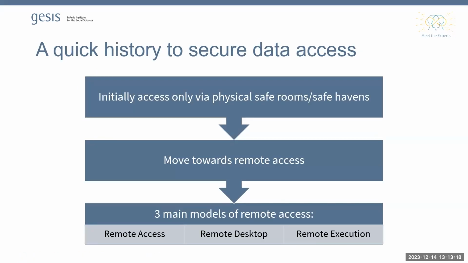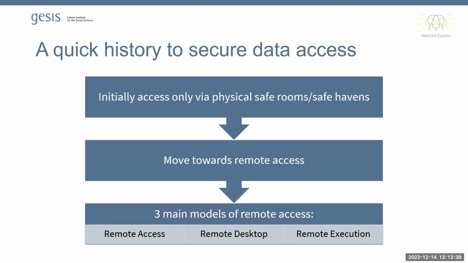Now, before we go on to talking about what data access looks like, I want to just give you a quick potted history. So when we started to open up access to these kinds of data, the access was only through a physical safe room or safe haven.